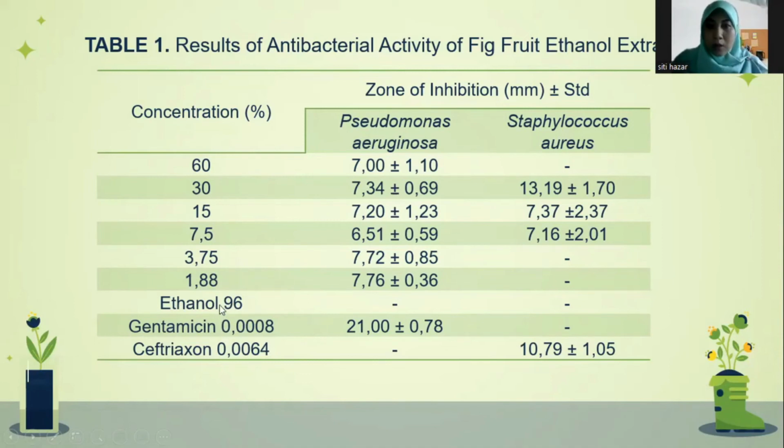Gentamicin is the antibiotic that we use to compare the activity in inhibiting Pseudomonas aeruginosa, and ceftriaxone is the antibiotic that we use to compare the activity against Staphylococcus aureus.